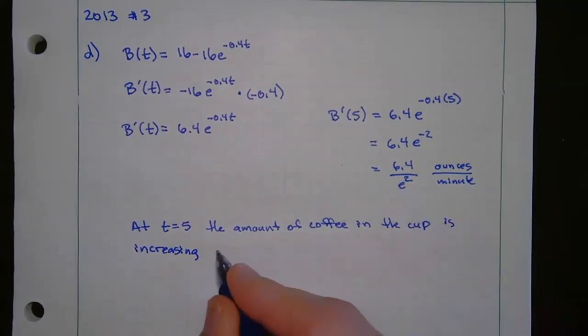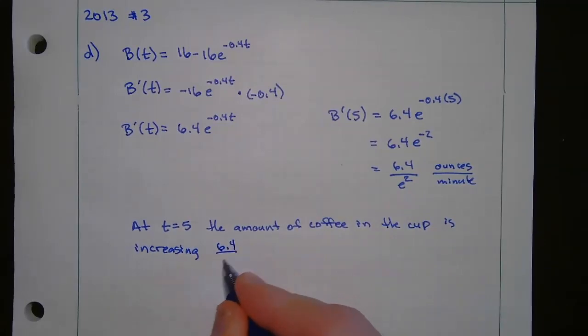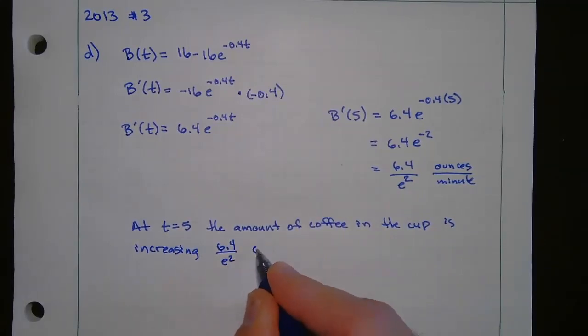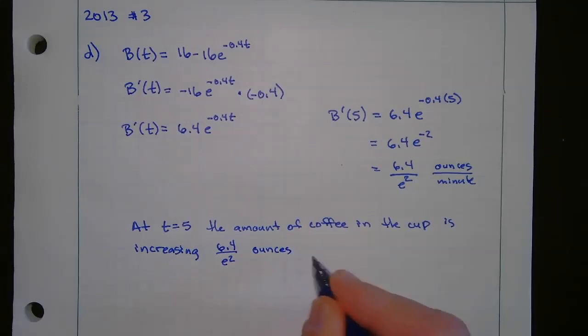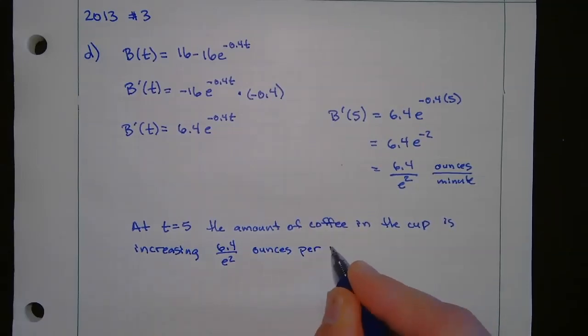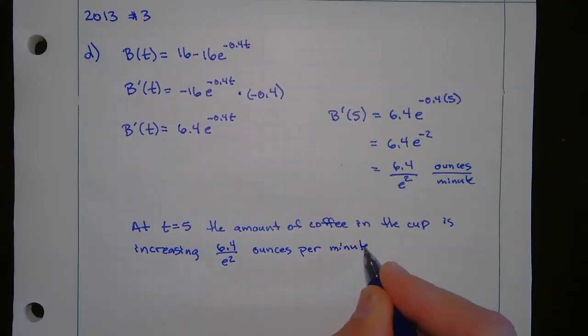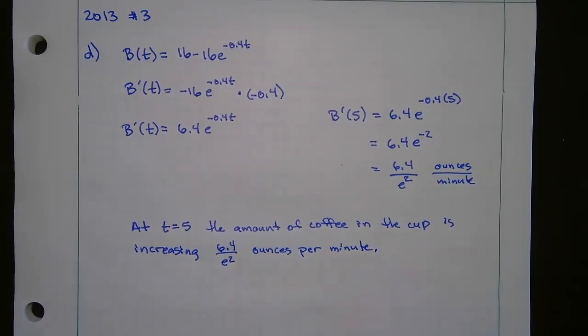And that's the amount it's increasing: 6.4 over e squared ounces per minute. That would be the interpretation for this derivative. So we did an interpretation for the average value of the function, that was part C, and then we did the interpretation of the derivative.